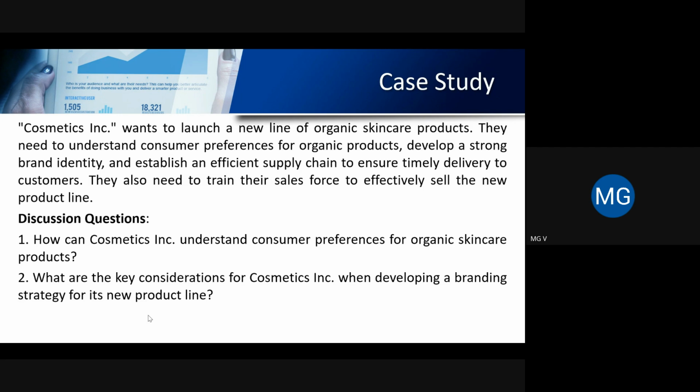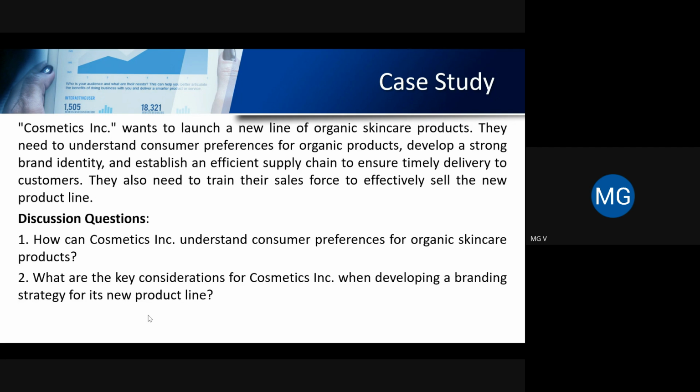Which concept? The customer, yes, customer. And what is the concept related to customer in the syllabus for this unit? It is the behavior of the consumer or the customer. So this concept revolves around consumer behavior, and to know the customer we need to conduct market research.